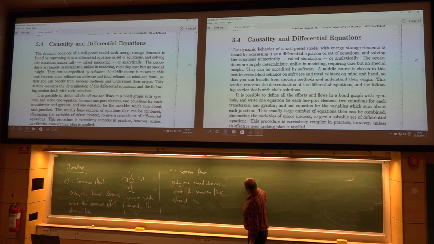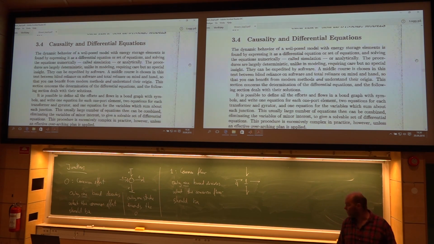So we have a one junction here, some bonds entering, some bonds exiting, and okay, this Q dot to the left there, he should decide.